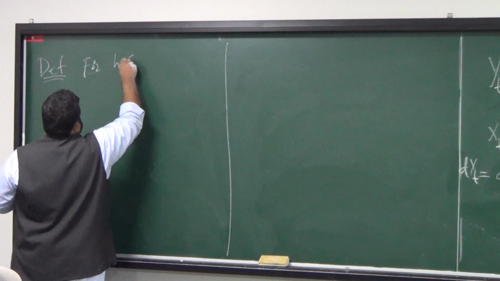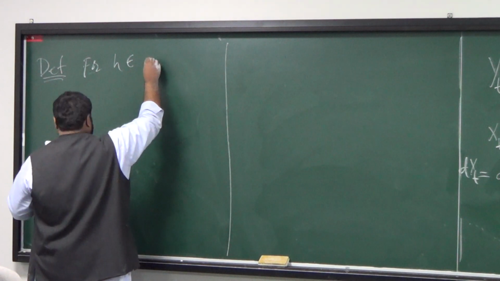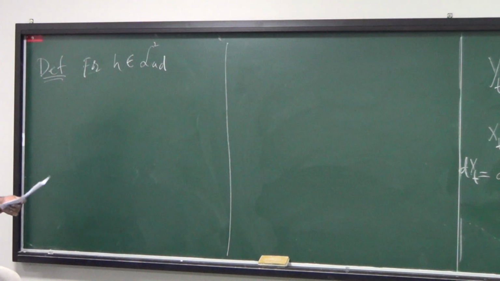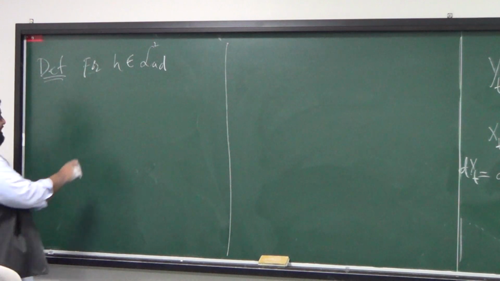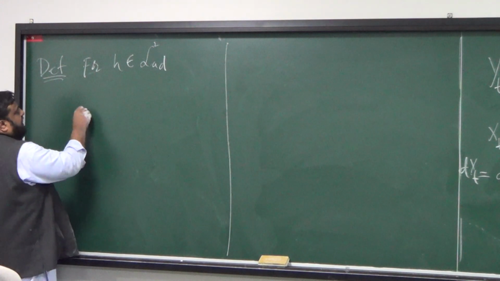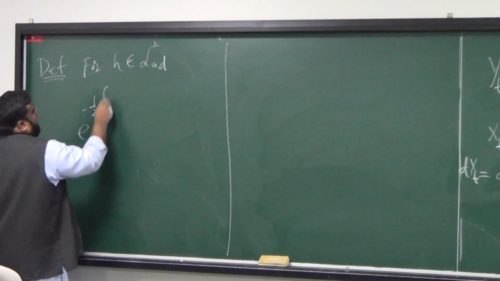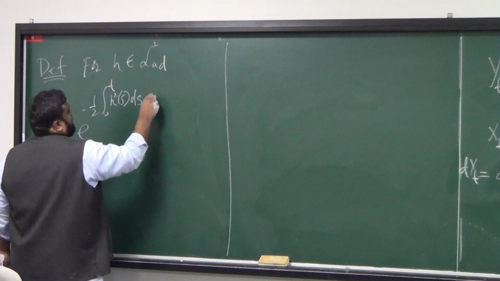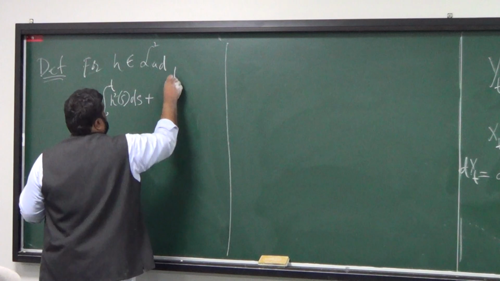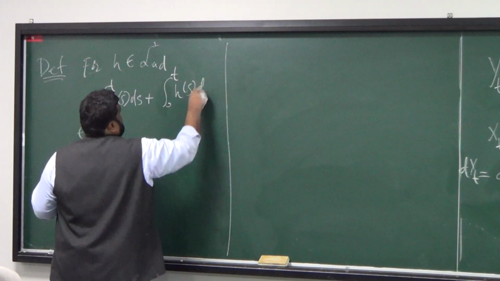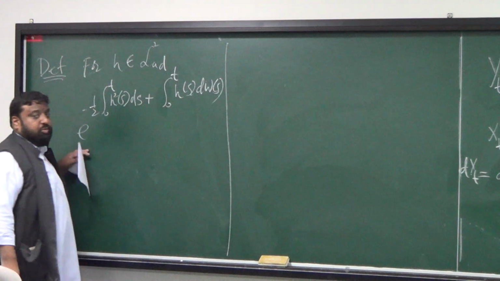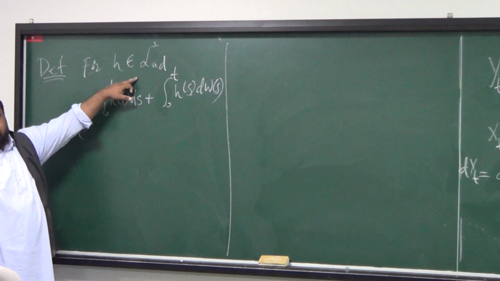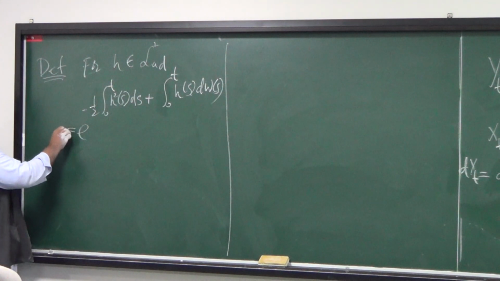For h in calligraphic L2AD, that is, for a stochastic process h in calligraphic L2AD, this process, that is e to the minus 1/2 integral from 0 to t of h squared of s ds plus the integral of h of s dW_s, this exponential process is purely defined by picking a function from L2AD.